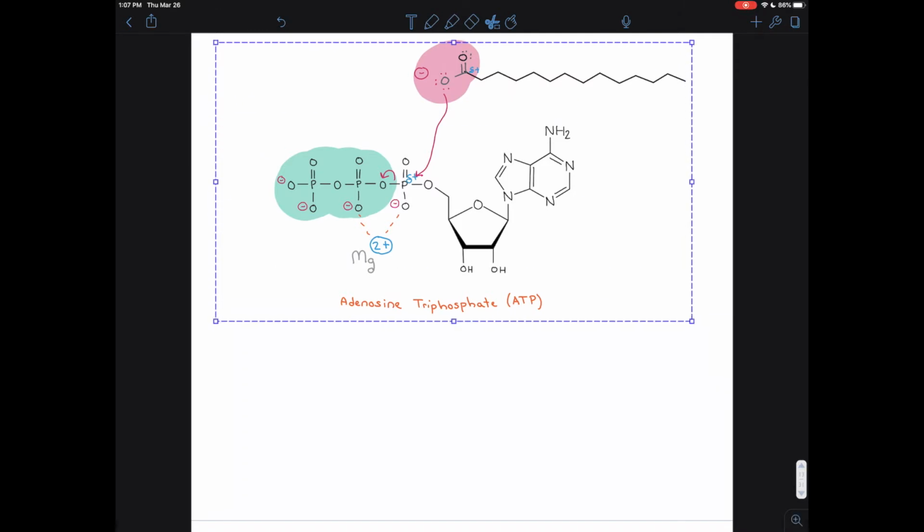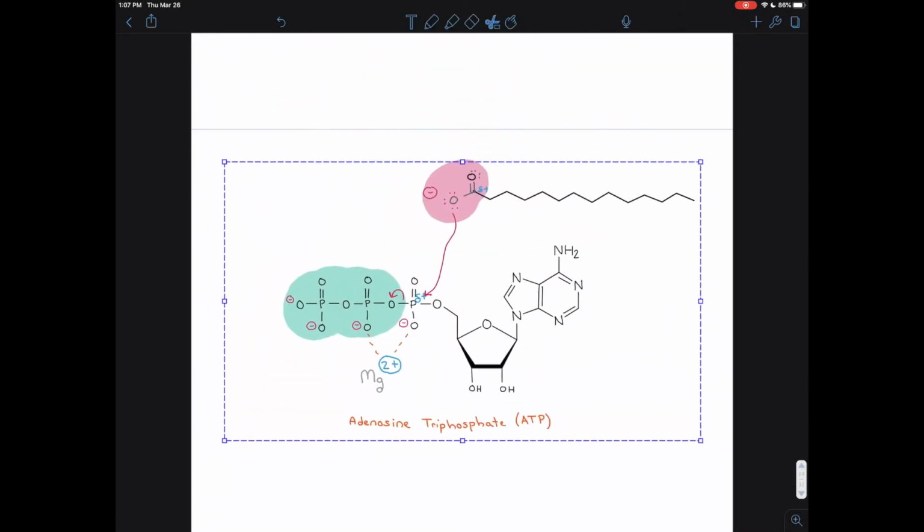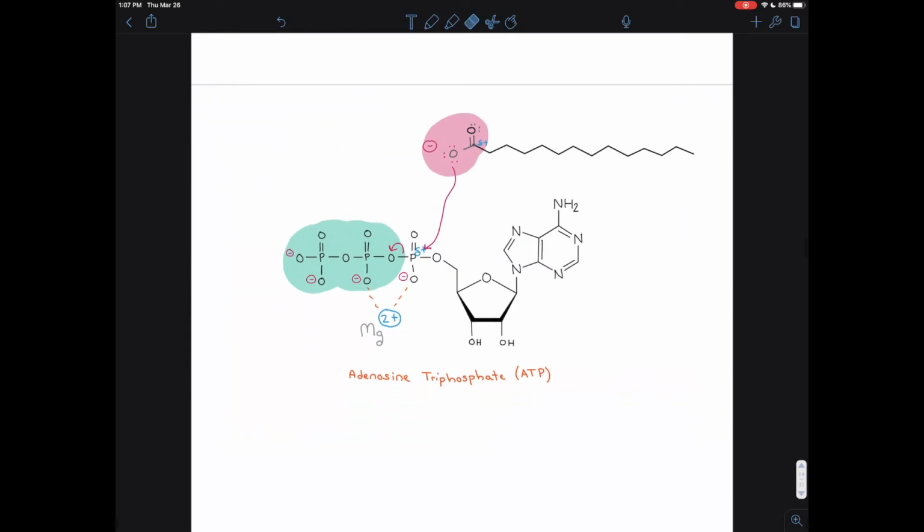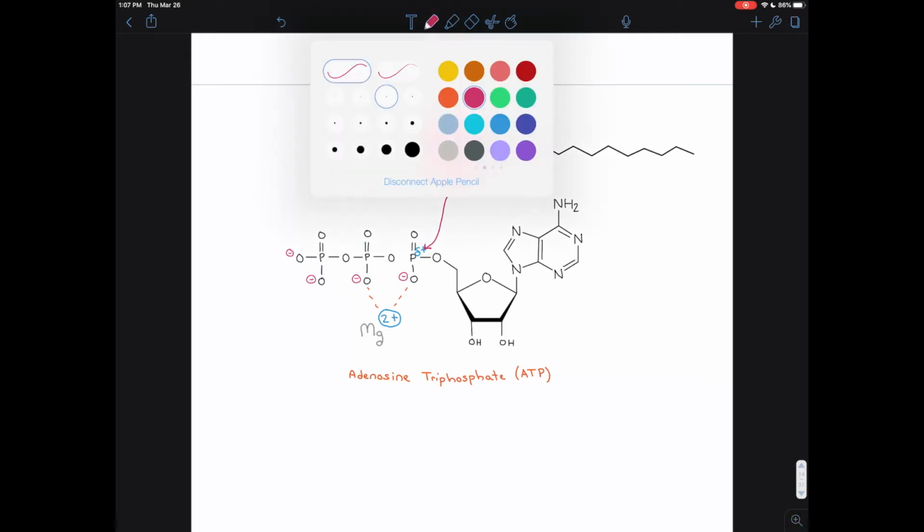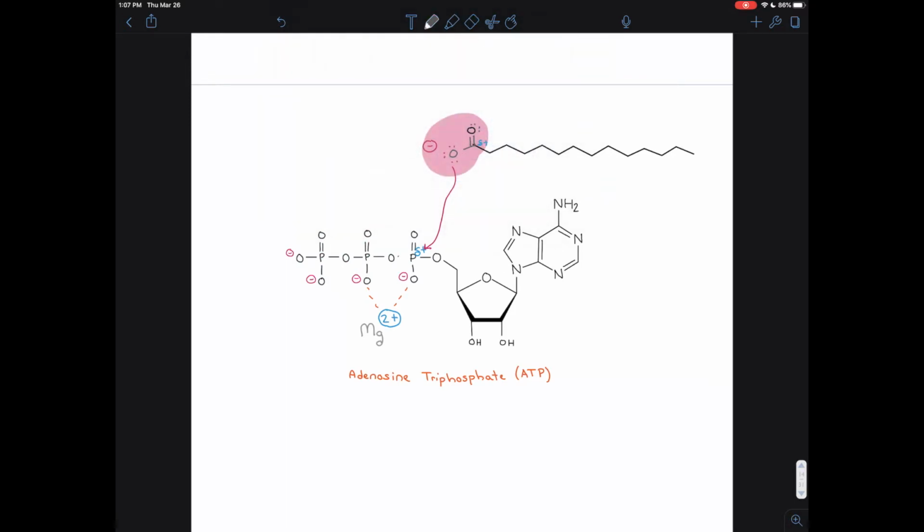So let me copy these. Okay, first piece is we're going to have what's called inorganic diphosphate. The electrons in that bond are going to go onto that oxygen. So these two phosphate groups are kicked off.